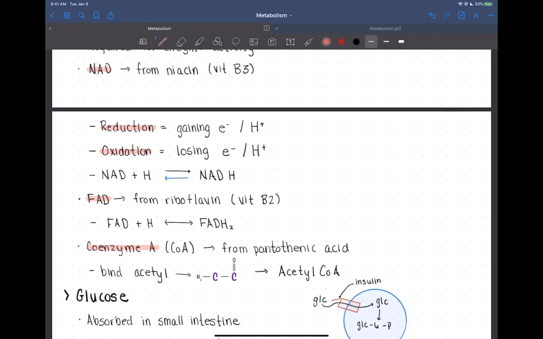Okay, and so one way I think it's easy to remember this is there is a mnemonic for this. So oil rig. So you can remember which is which.